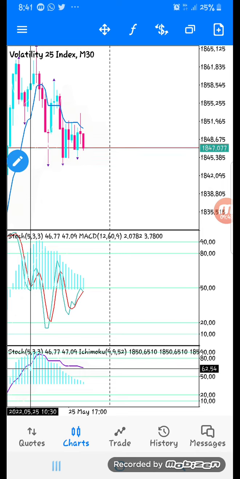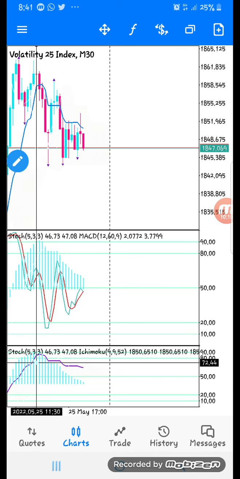You start avoiding at level 80. Sorry, if you're going to level 80 for a bullish setup, you start avoiding a trade, and that's when you start looking for a possible sell, because the market has headed towards overbought. You understand? So you look for a possible sell.